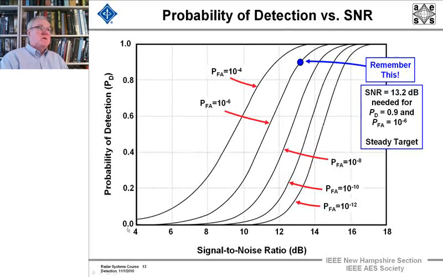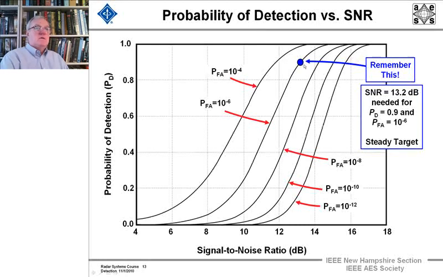We're going to go to another set of units in a minute that squish things down, because it's hard to read off what's a 0.99 and a 0.98 up here. It's the probability of detection versus signal-to-noise ratio in dB, as a function of different probabilities of false alarm.